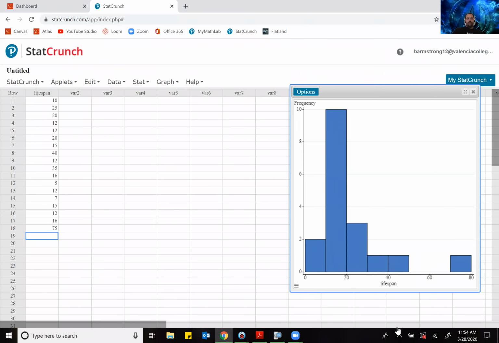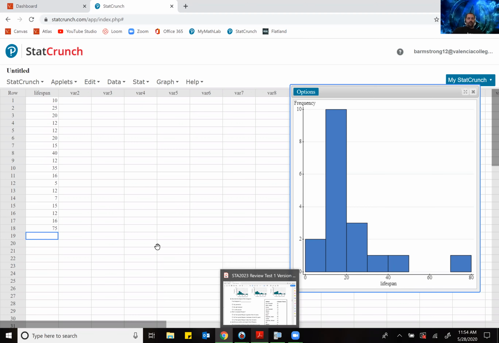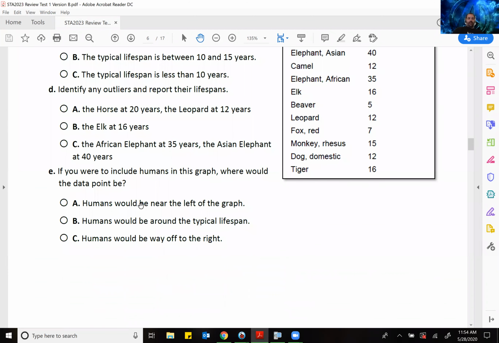So let's go see what they want to know. Since we added humans, where would this point be? It would be off to the right. Yeah, it went way far off to the right. So E is C.